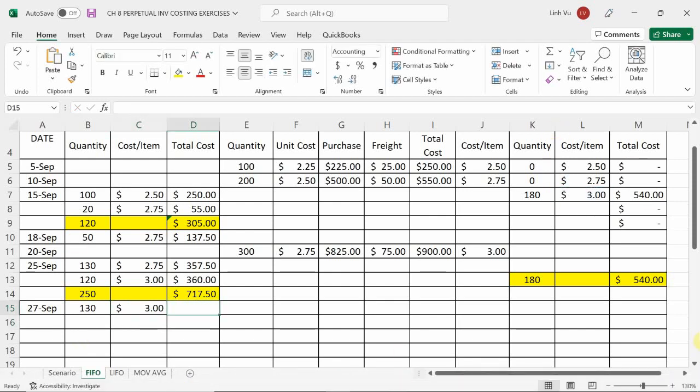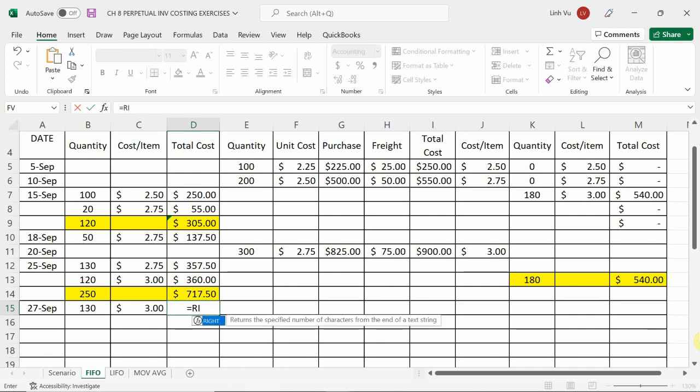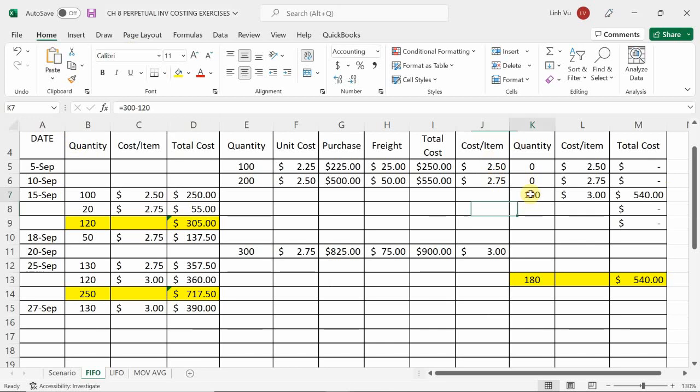So what's my grand total cost of goods sold if I sold 130 units at $3 each? $390. Okay. So I have to update my inventory. What's 180 minus 130? 50. You have 50 units left at $3 each, which is $150.